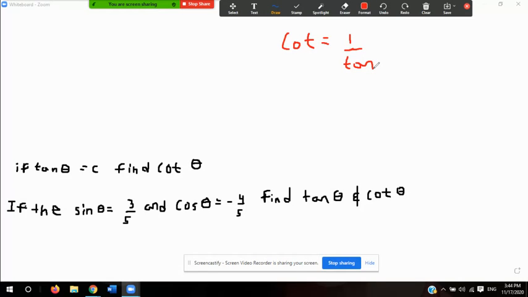So we're going to say cotangent of theta equals 1 over the tangent of theta, which is what we have.